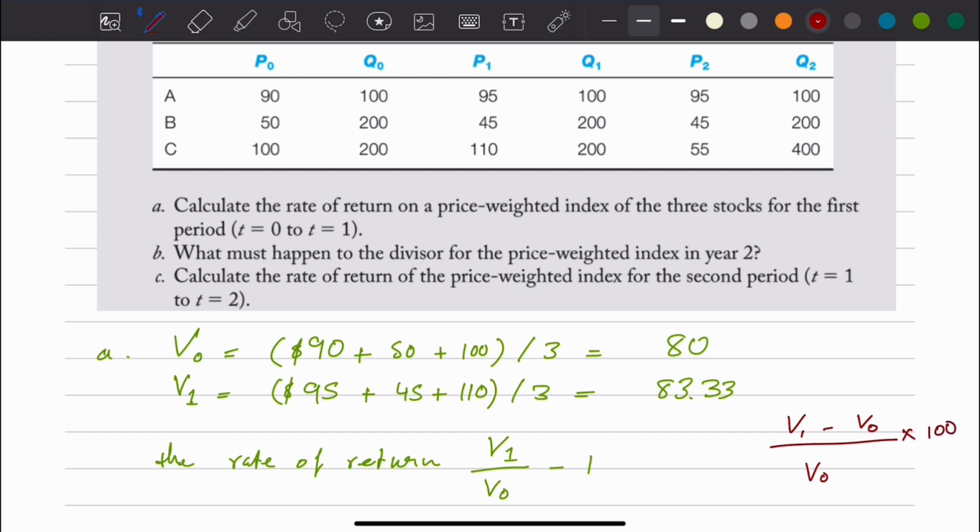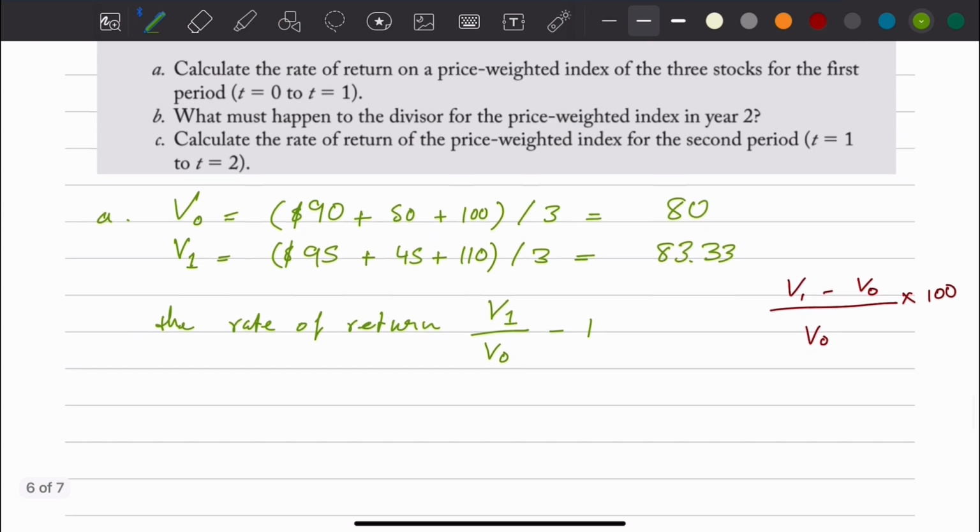Okay, it's going to give you similar results. Anyways, the total value of the index at time 1, so V1, we already calculated to be 83.33, and then the value at time 0 is 80, so we're going to put that in the denominator, minus 1.